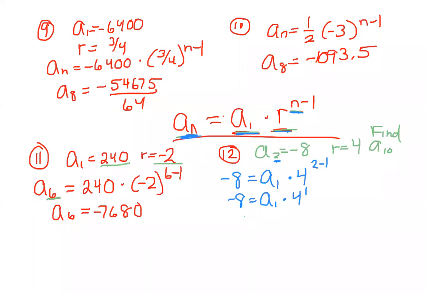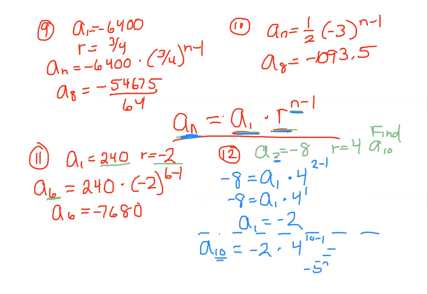So we divide by 4, and we get A1 equals -2. That was our first step. Now we can find A10 by substituting in A1 and R to the 10 minus 1. And when we do that, we should get -524,288. Big number.